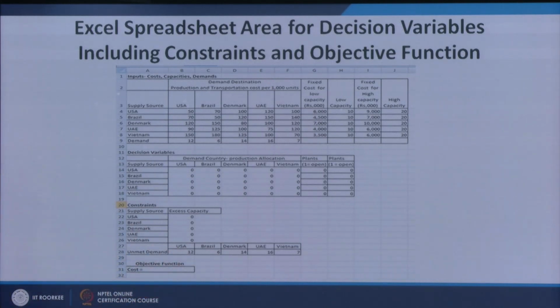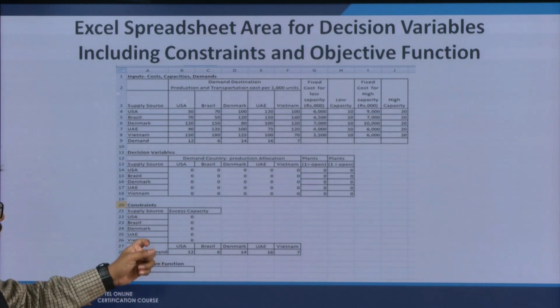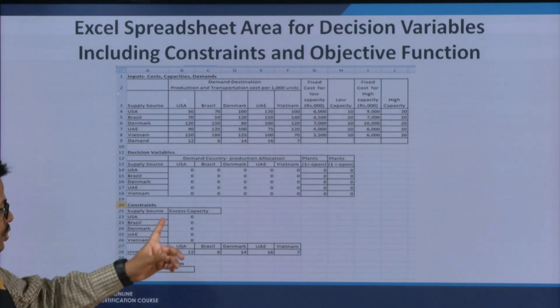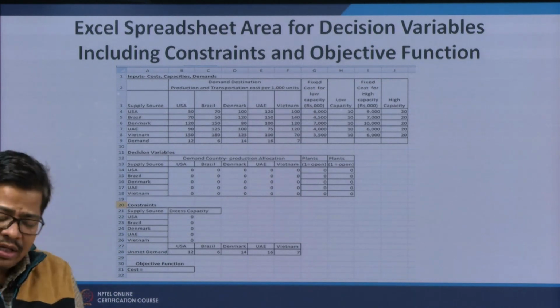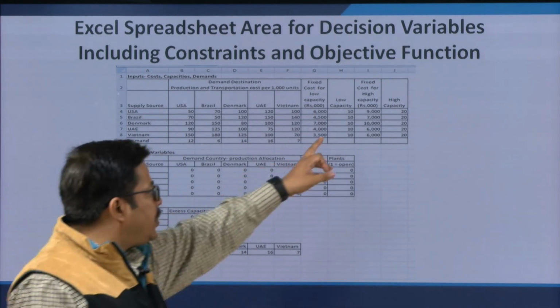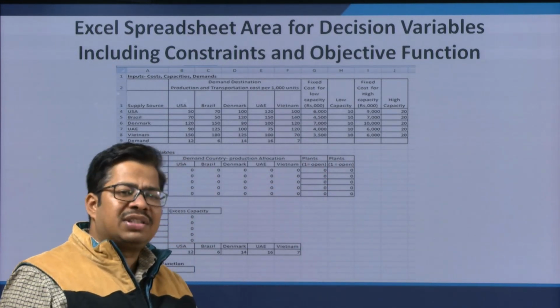The second is the supply sources. For these supply sources, USA to Vietnam, right now you have all the values as 0, 0, 0, 0, 0. We will not have excess supply beyond the capacity of these supply sources. If it is a 10 unit supply source, it cannot supply 11 units.